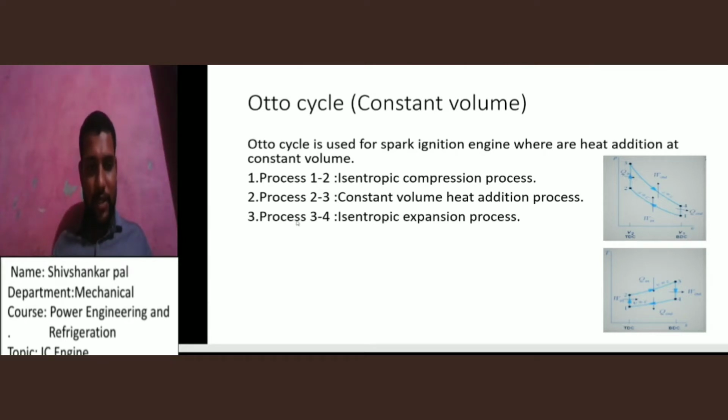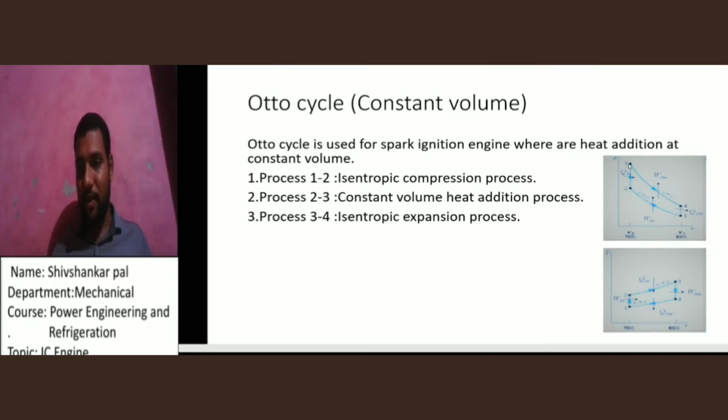The third process, 3 to 4, is the isentropic expansion process, where work is obtained. You can see the work denoted by W. After heat addition due to spark, the expansion continues.